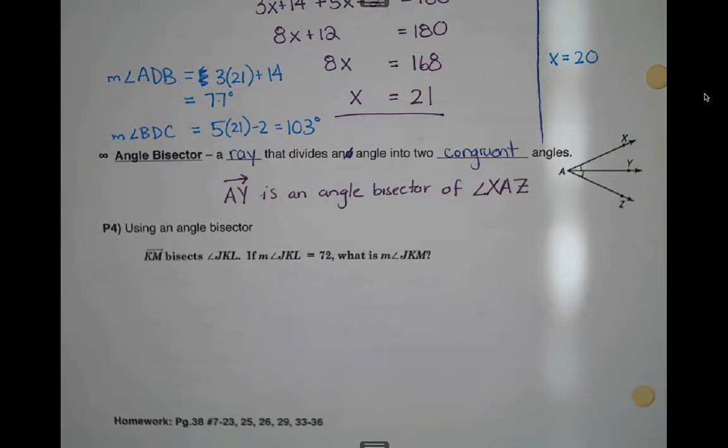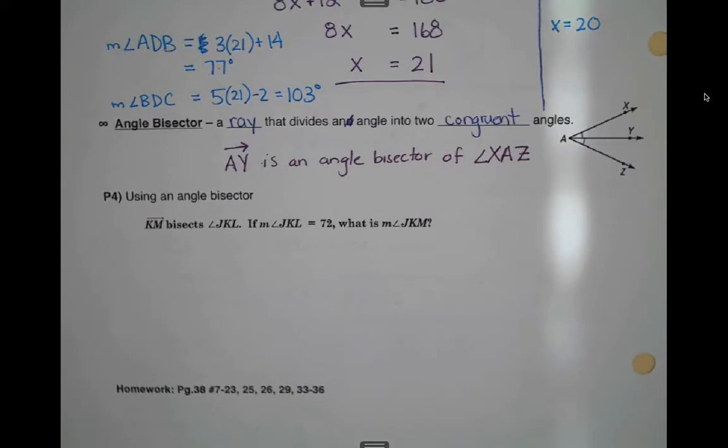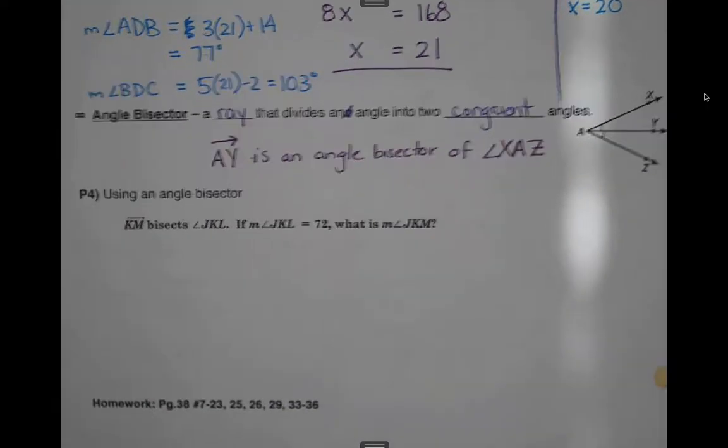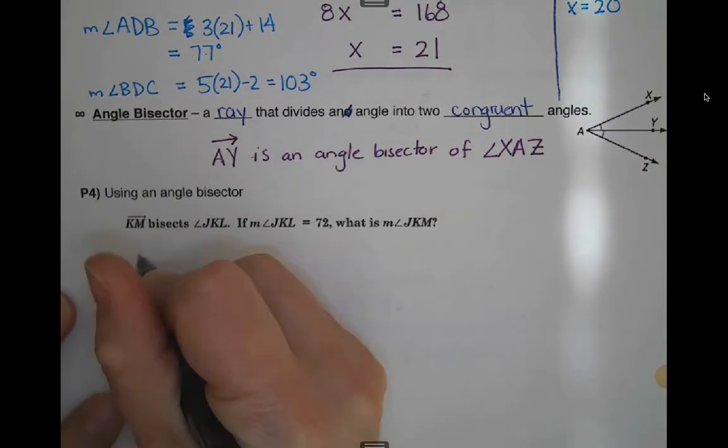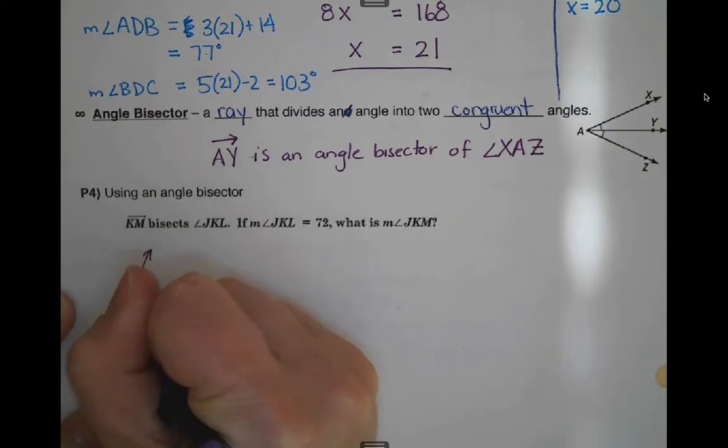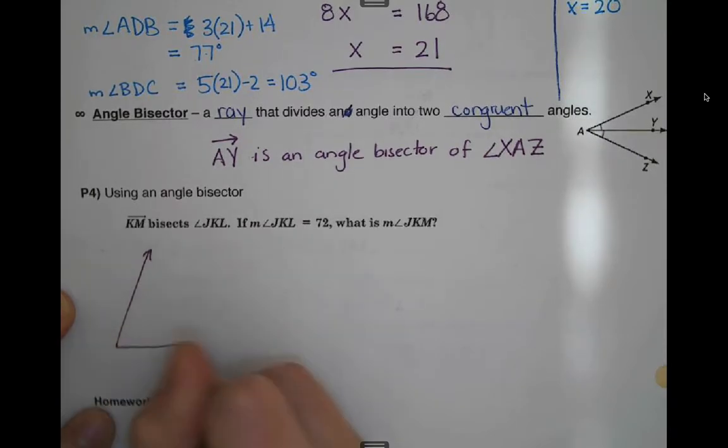Right? We can then apply that definition of angle bisector to answering a question like the one we have at the bottom. It's not absolutely necessary, but you could sketch yourself a picture of some sort.